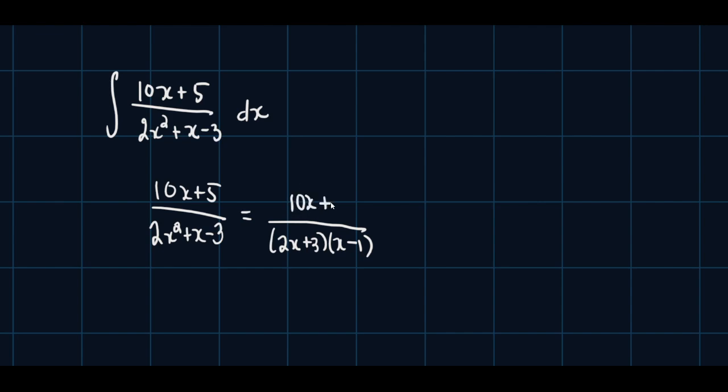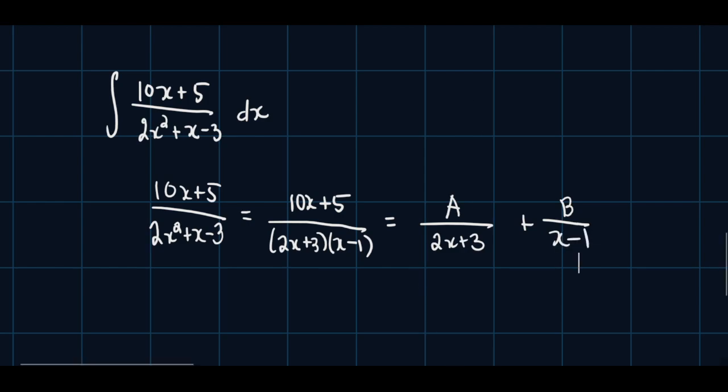So 10x + 5, with this, we can write this as A all over (2x + 3) plus B all over (x − 1). Okay, so we need to get the values of A and B.